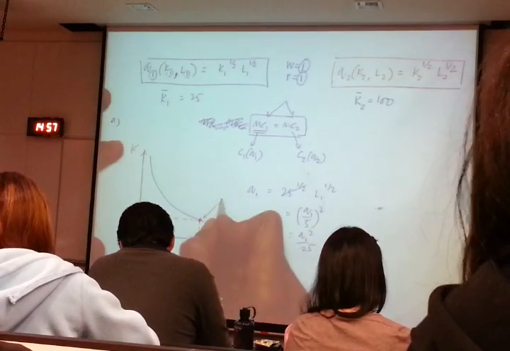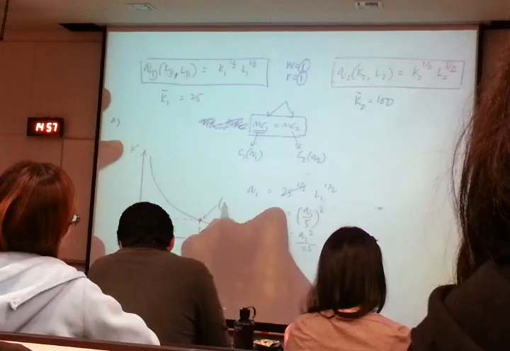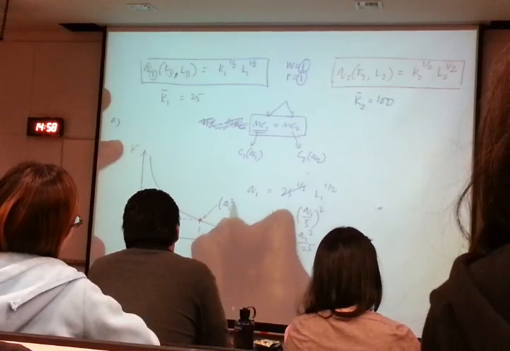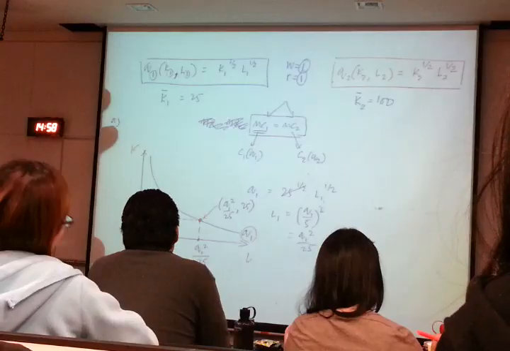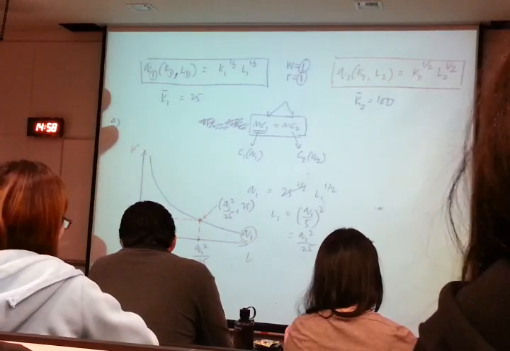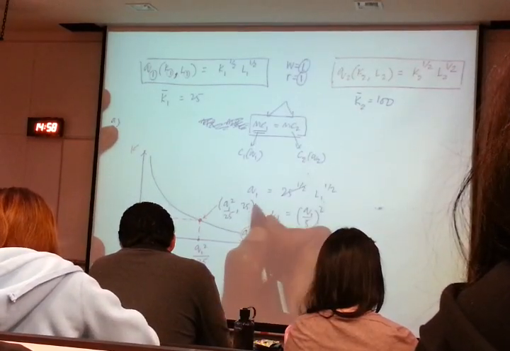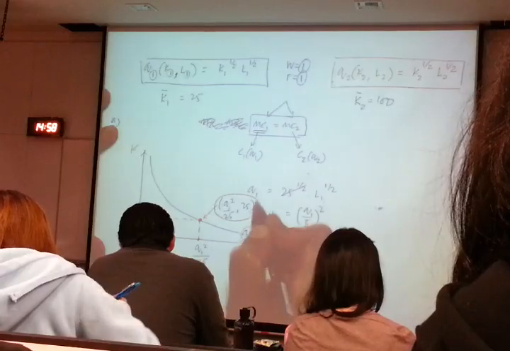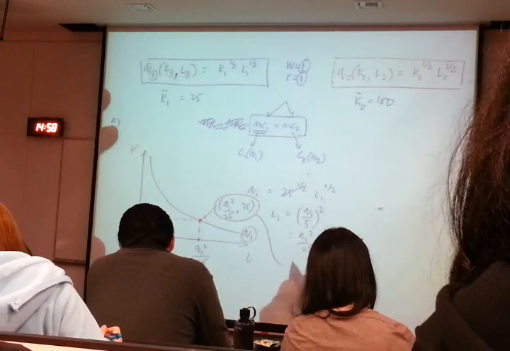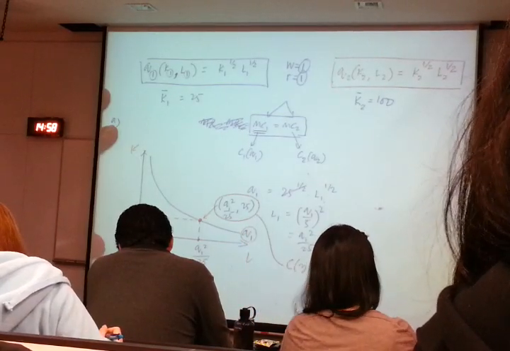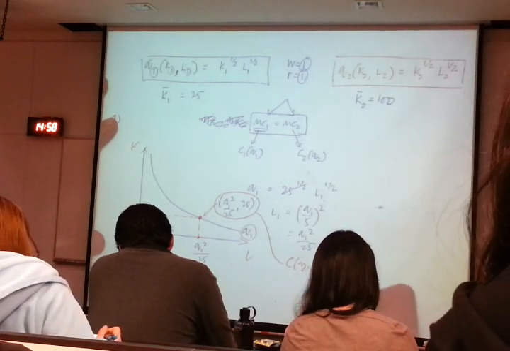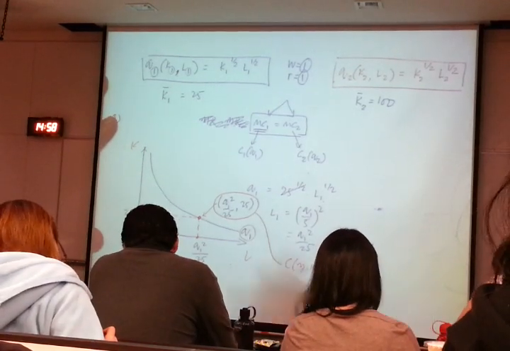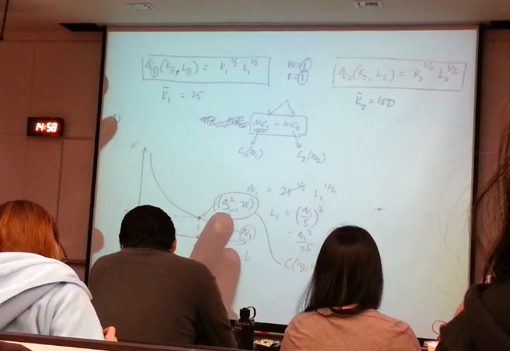So, what is the input bundle? L star is equal to Q1 squared over 25. K star is equal to 25. Therefore, what is the cost? What is the cost function for plant 1? The cost function of plant 1 as a function of output, W and R, is the cost of using the cost minimizing input bundle.